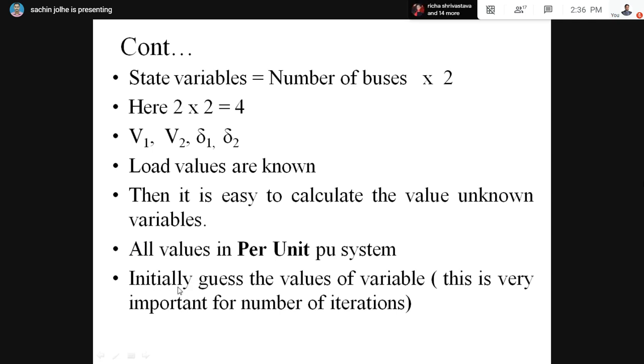And initially the guess of the value of the variable is very important for the number of iterations. If our guess is wrong, then it is really very difficult to get the answer. So this is one of the disadvantages of this method also.